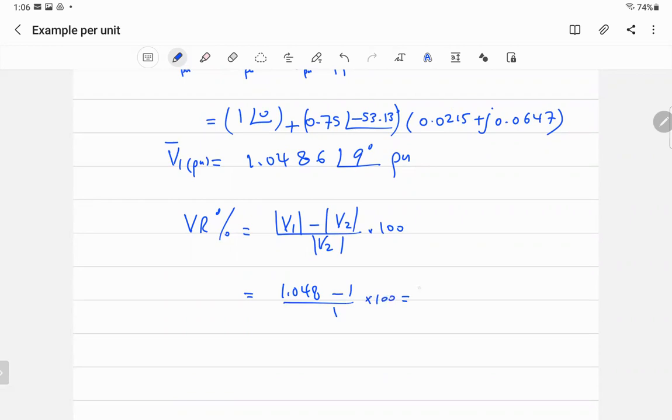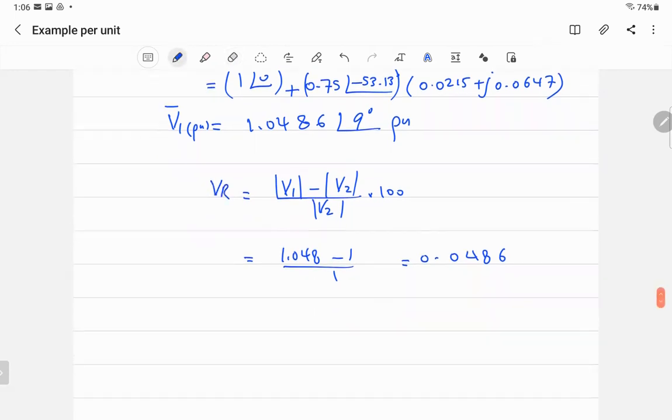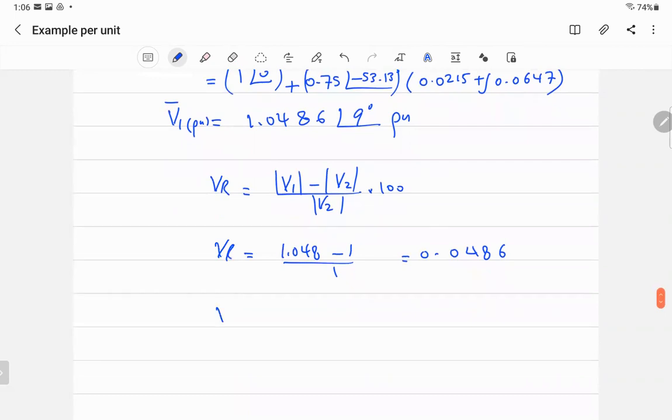It will be equal to 0.0486 if I didn't multiply by 100. If you just write voltage regulation without percentage, that's what you get. If you want a percentage, multiply by 100.